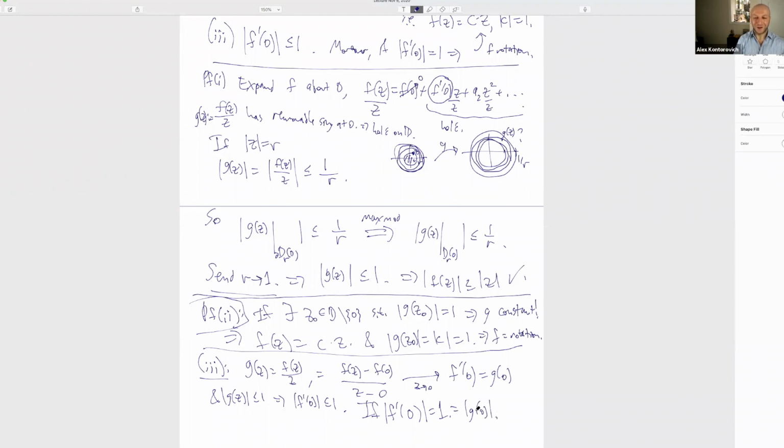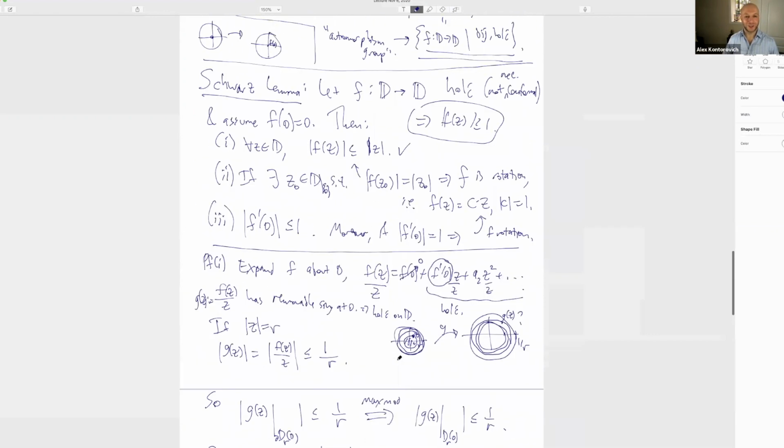And we have the maximum modulus principle that tells us that G is a constant. And so F is a rotation. Cool?